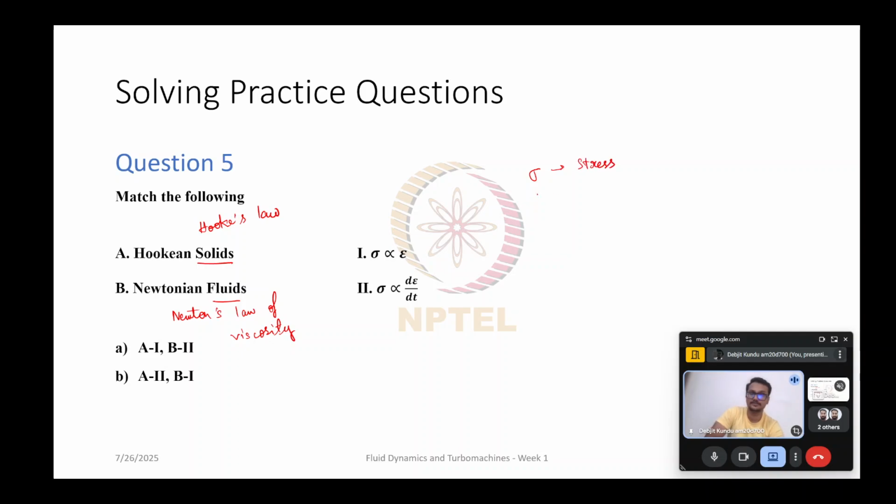These are common notations: sigma is stress, epsilon is strain, and the rate of change of strain with time, partial epsilon partial t, is also known as strain rate. So we have these materials on the left hand side and two relations connecting stress with strain and strain rate on the right hand side. You have to match the following, and there are only two options: either A1 B2 or A2 B1.